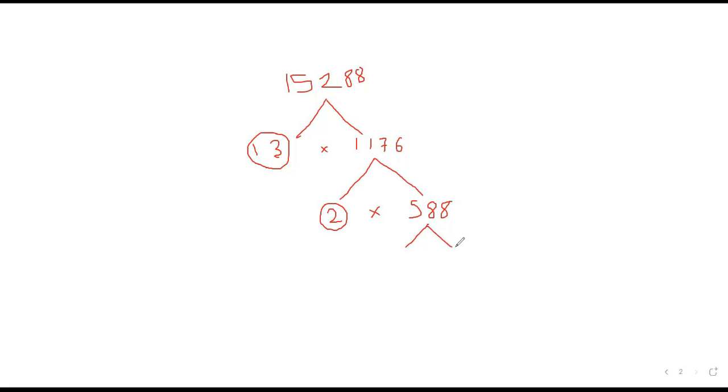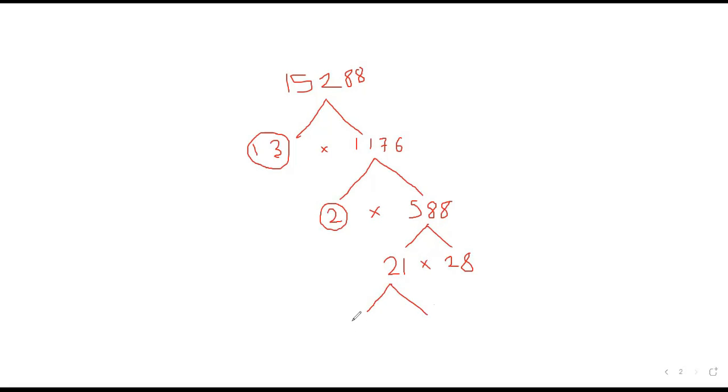So I am going to try to look for a number. So I'll say 21 multiplied by 28. Okay, if you multiply these two numbers, you're going to have 588. Now look at these two numbers, they are not prime numbers, so I'm going to split them.